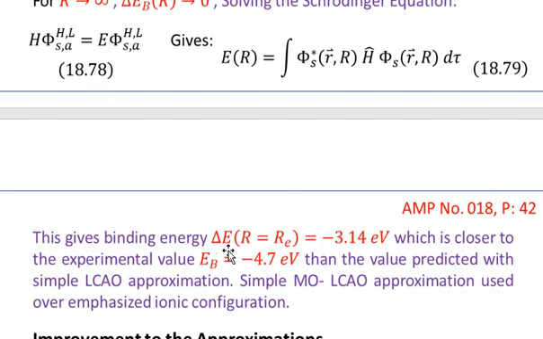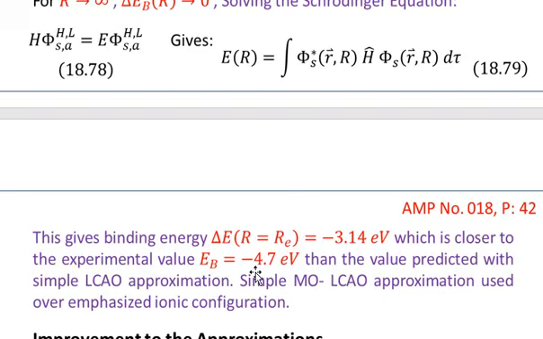So this gives the binding energy delta E at R equal to RE to be minus 3.14 electron volt, which is close to the experimental value. The experimentally found binding energy is delta EB equal to minus 4.7 electron volt. The energy we have computed using the Heitler-London model is minus 3.14 electron volt, close to the experimental value of minus 4.7 electron volt.